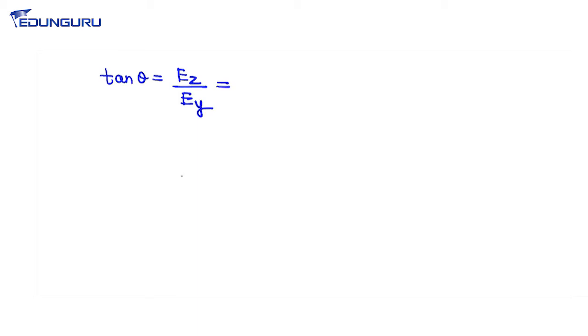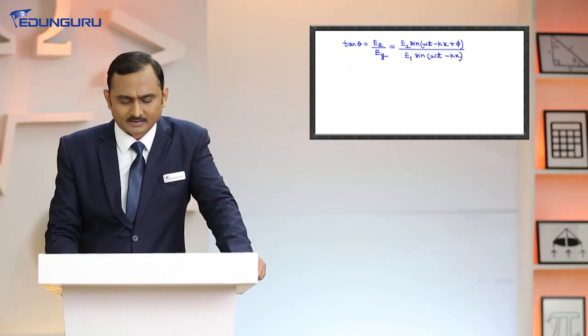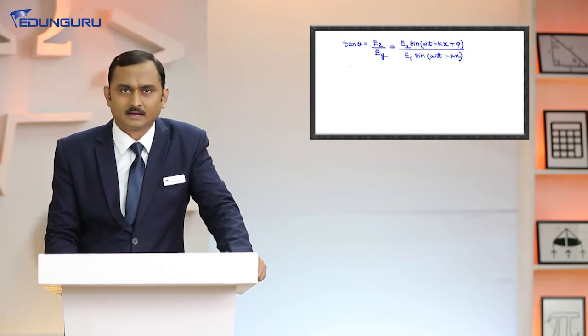This is equal to E2 sine of omega t minus kx plus phi, divided by E1 sine of omega t minus kx.